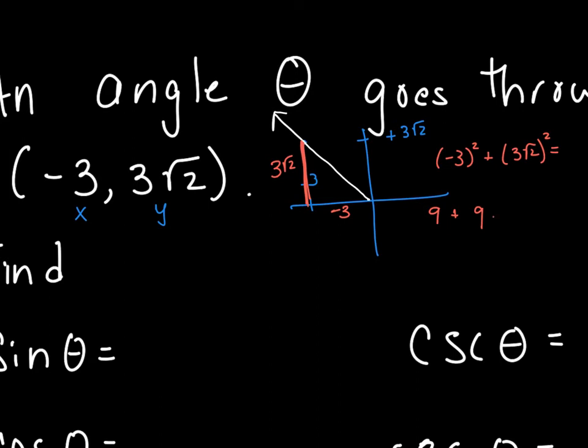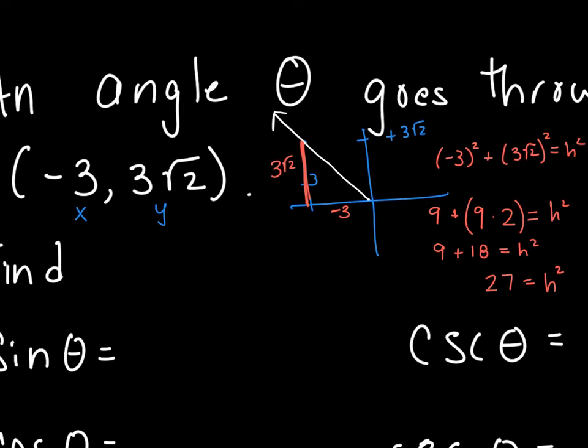So that becomes 9 times 2. Order of operations is important here. Make sure you multiply. So that gives me 9 plus 18 is equal to that hypotenuse squared. 9 plus 18 is 27, which is equal to hypotenuse squared.